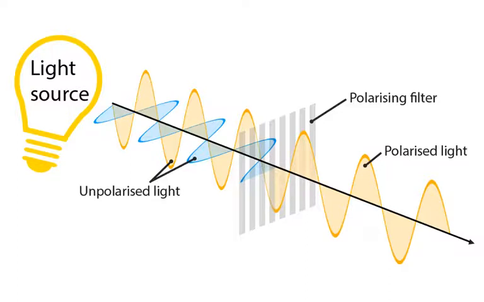This is why they use polarized glasses, because these glasses take away the intensity of the light and it does not cause as much damage to your eye. And they also use polarized covers for different lenses, and even for the phone, to avoid reflection.